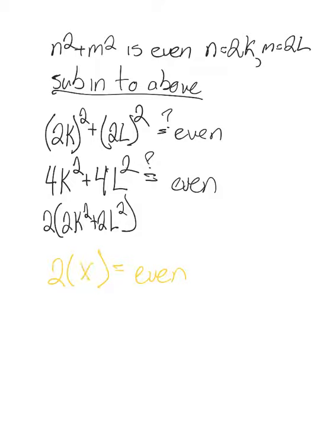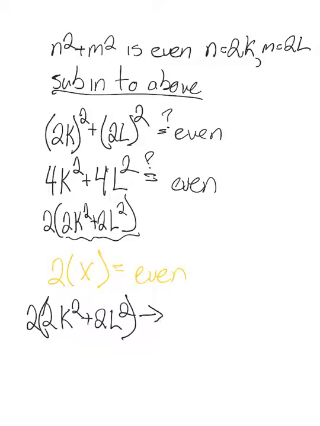And if we look at this value right here, 2k squared plus 2l squared is just any regular number. That's all basically it is. And you multiply it by 2, meaning you're multiplying any regular number by 2, implies that it is in fact even.